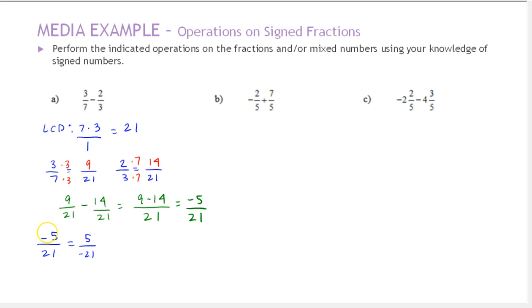So you could put the negative in the numerator or the denominator, but typically our final answer we write with a negative sign out front and then 5/21.